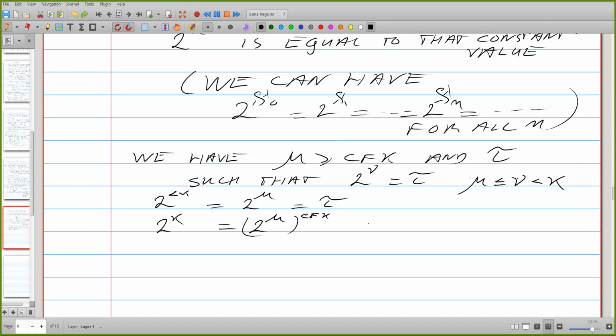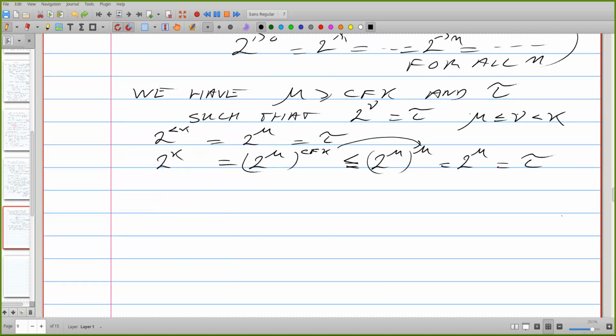Well, the cofinality of kappa is less than or equal to mu, and so we get 2 to the mu, and there you have it. So that is an explicit formula for 2 to the kappa in terms of smaller 2 powers.